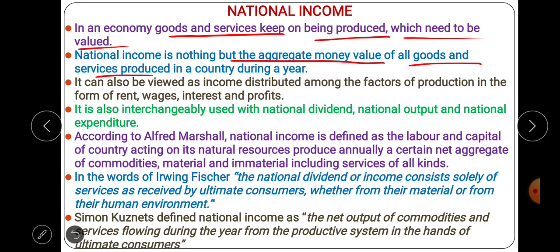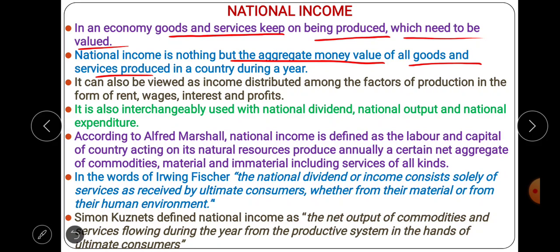All the different products, services and goods produced in the economy, and the value of all of them, is the national income.